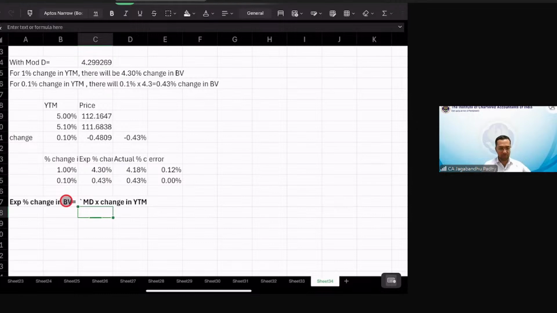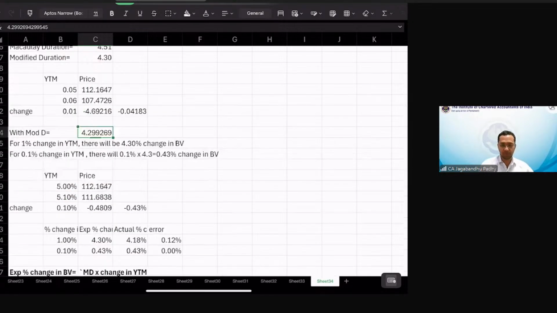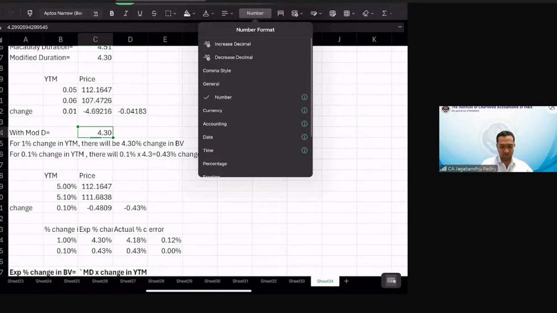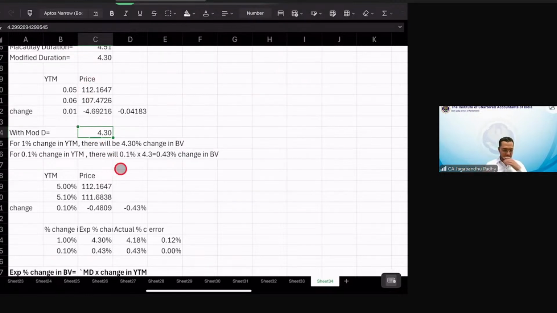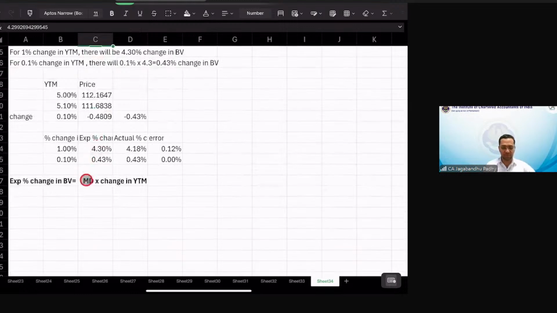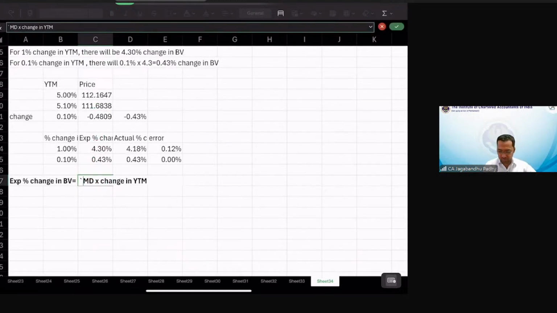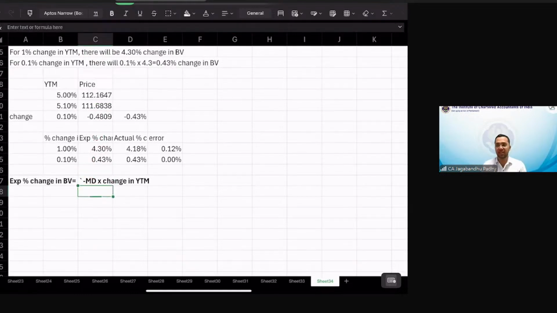Because when modified duration was 4.3, we stated that we just need to multiply this 4.3 with the percentage change in YTM. And since this was a case of inverse relation, as the YTM increases, the bond value should fall. So we attached a negative sign.